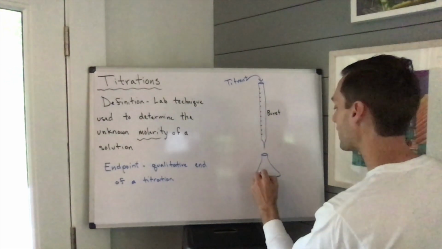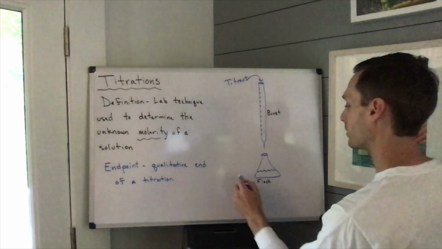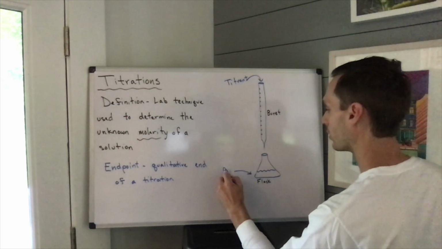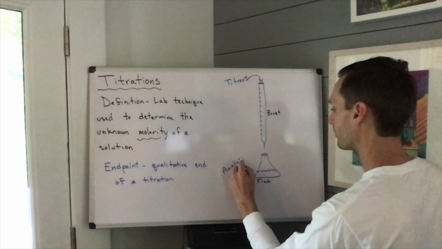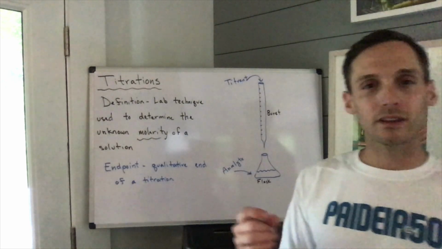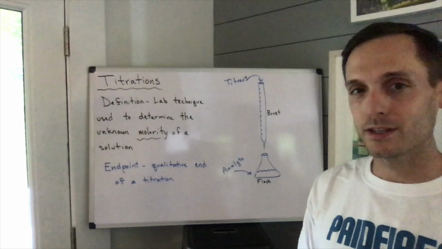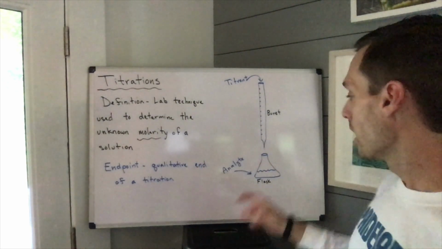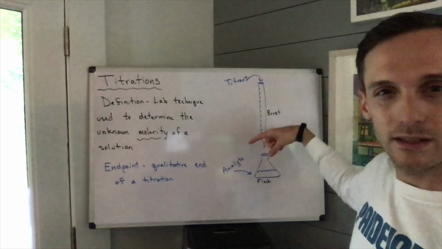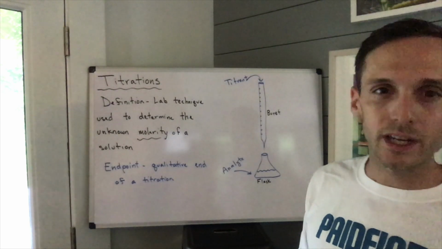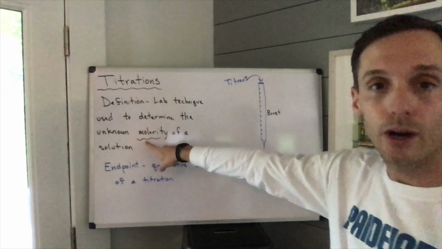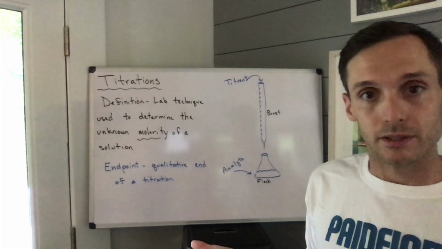And inside that flask, we'll put another solution called the analyte. Okay. And the way you do titrations is you have to know the concentration or the molarity of one of these solutions, right? You have to know one, the other is the unknown that you're trying to figure out, okay?